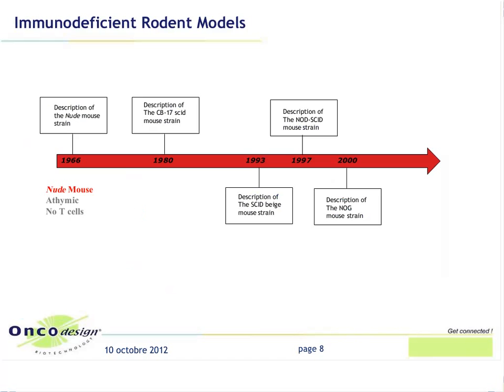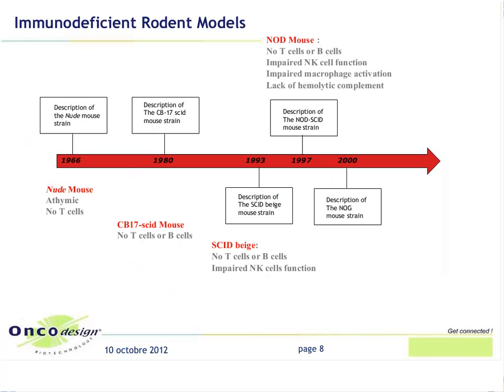After that, new immunodeficient mice were described: the SCID mouse, without T cells or B cells; the SCID beige, without T cells or B cells and with impaired NK cell function; the NOD mouse, without T or B cells, with impaired NK cell function, impaired macrophage activation, and a lack of hemolytic complement; and the NOG mouse strain, without T, B, or NK cells, with impaired macrophage activation and a lack of hemolytic complement.